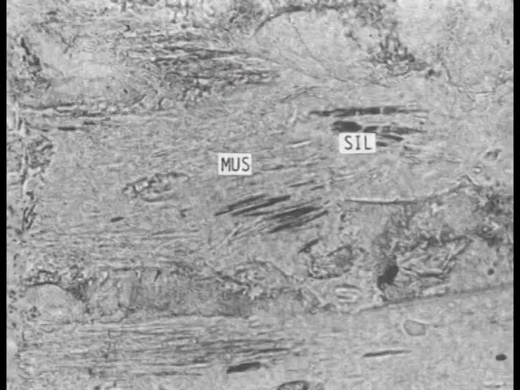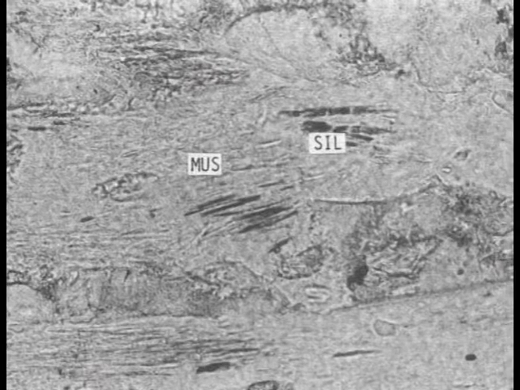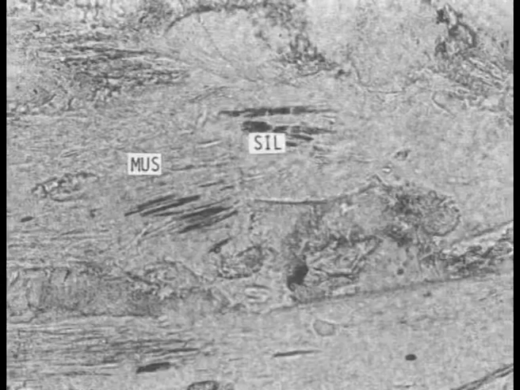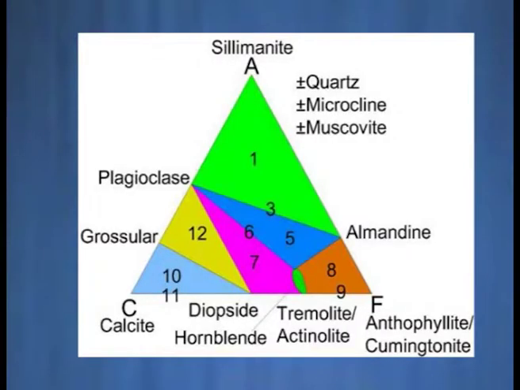The mineral assemblages of this zone and subfacies are similar to the kyanite zone. Here the kyanite is replaced by the higher temperature polymorph of aluminosilicate, that is sillimanite. So, better you replace the kyanite by sillimanite in all the diagrams.